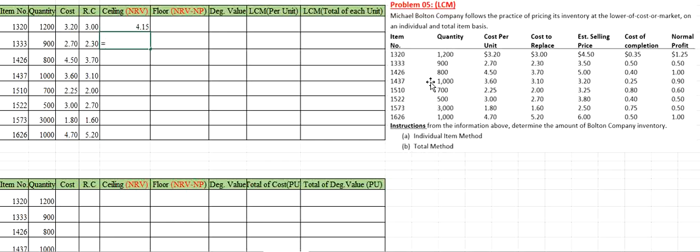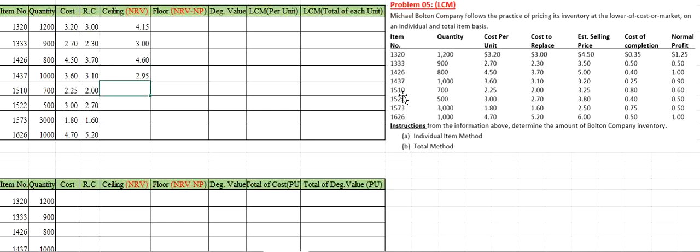I will go for 3.50 minus 0.50, then we go for 5.0 minus 0.40 for the third item. Then we have 3.20 minus 0.25. Oh sorry, I did not use the equal to sign.